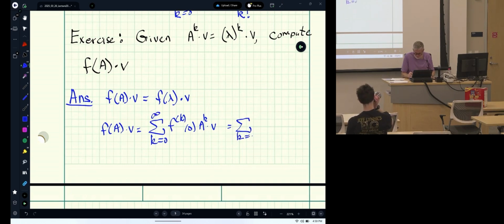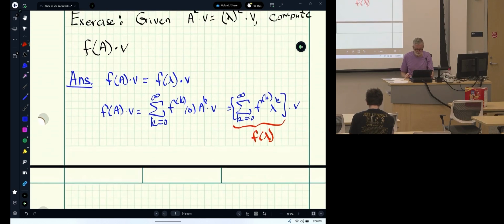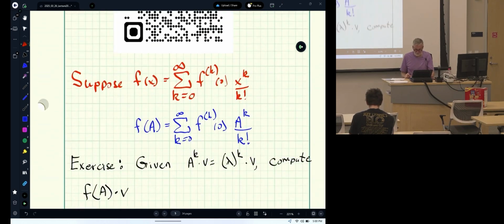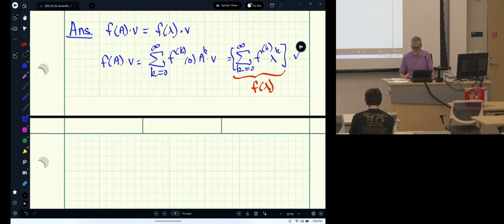And that's the sum k equals 0 to infinity f of k lambda to the k. And then I'm just going to factor the v out at the end. It's in every term. And that, by definition, is just the function at the point lambda, because lambda is just a scalar. That's the definition of the function when it has a Taylor series.